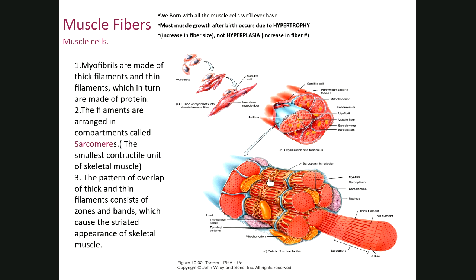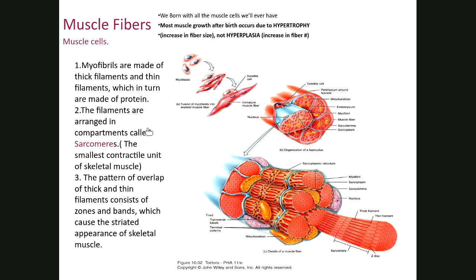So if we look in the muscle cell itself, it's made up of these myofibrils, which are made up of myofilaments. And those myofilaments, there's a thick filament and a thin filament, which we'll discuss, these proteins, shortly.